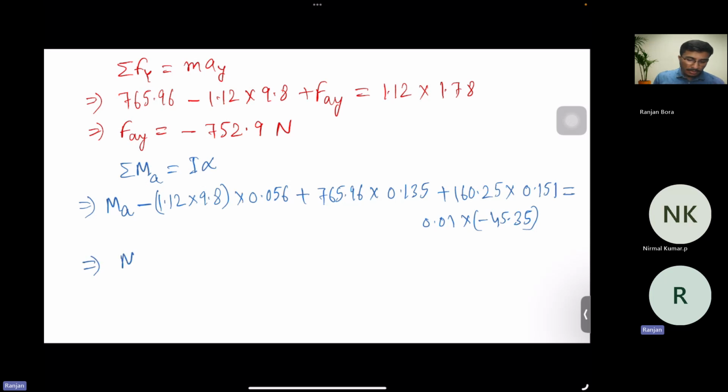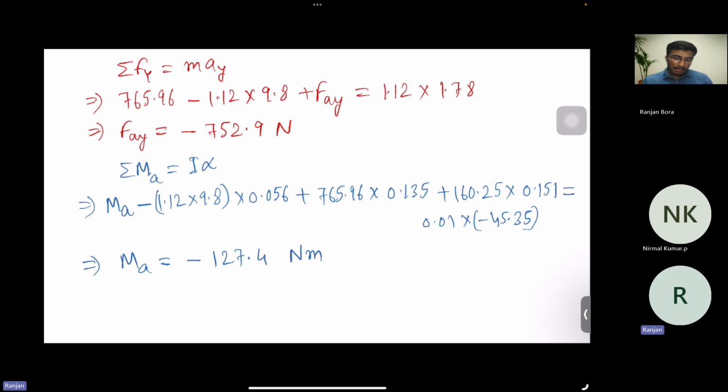If we solve this, then we'll get MA is minus 127.4 Newton meter.